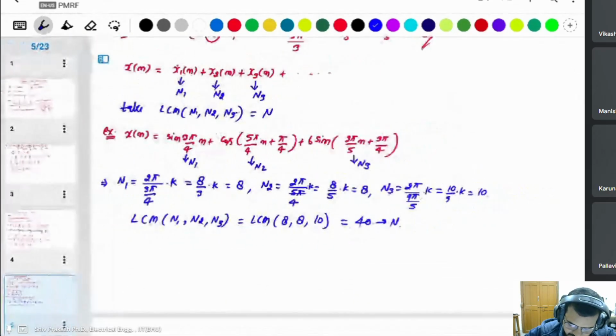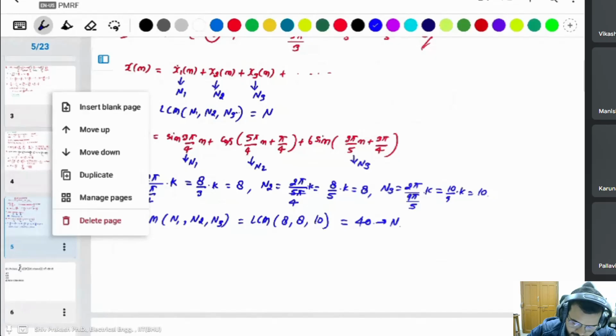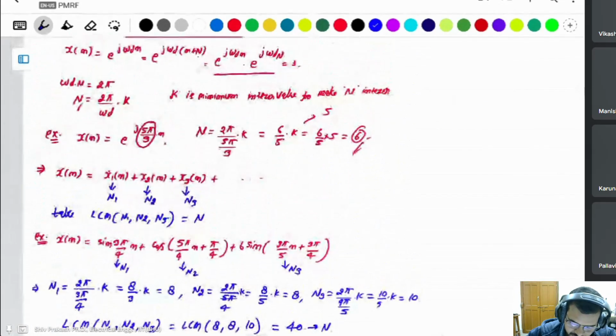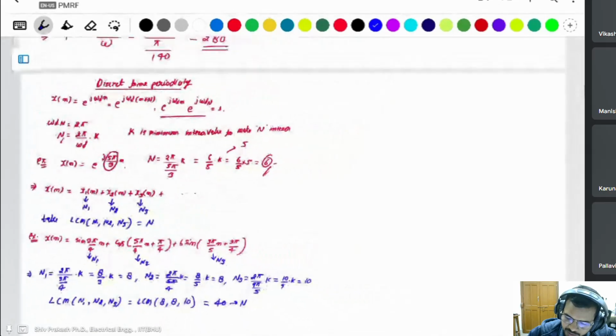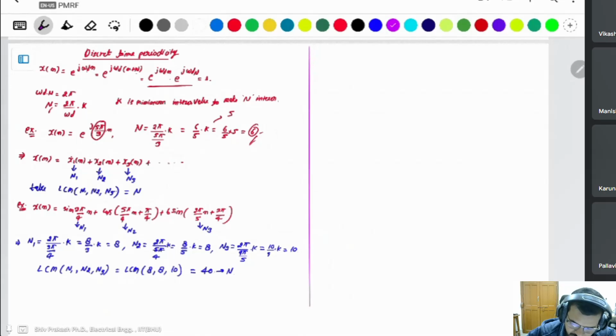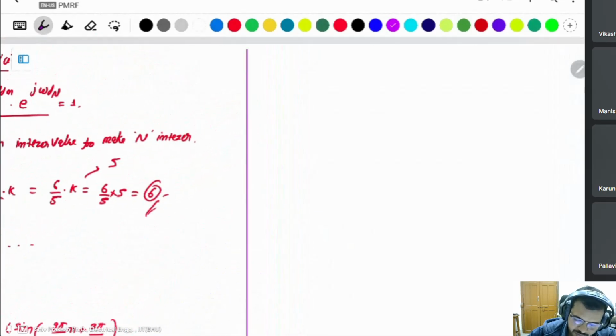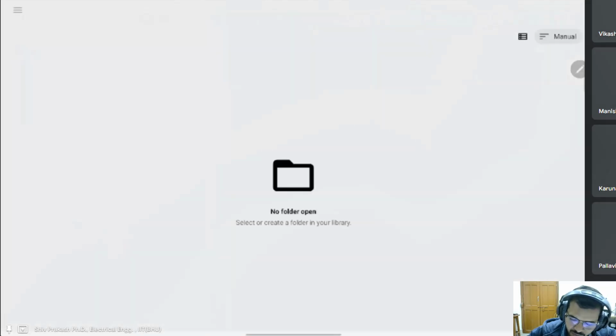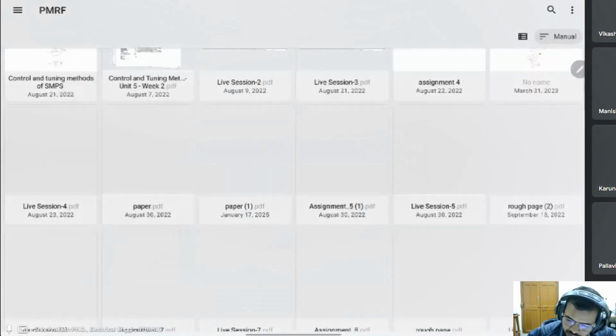Okay, let's do the same for the omega method, the frequency method.